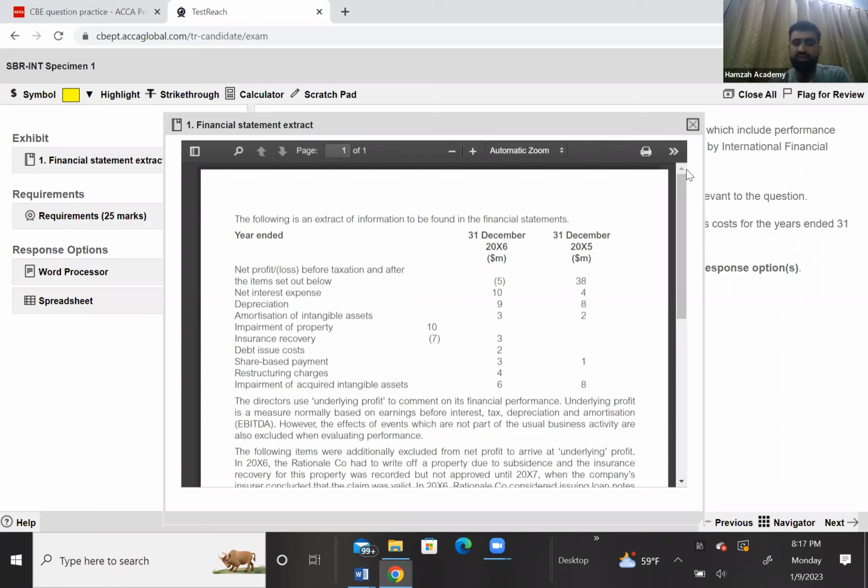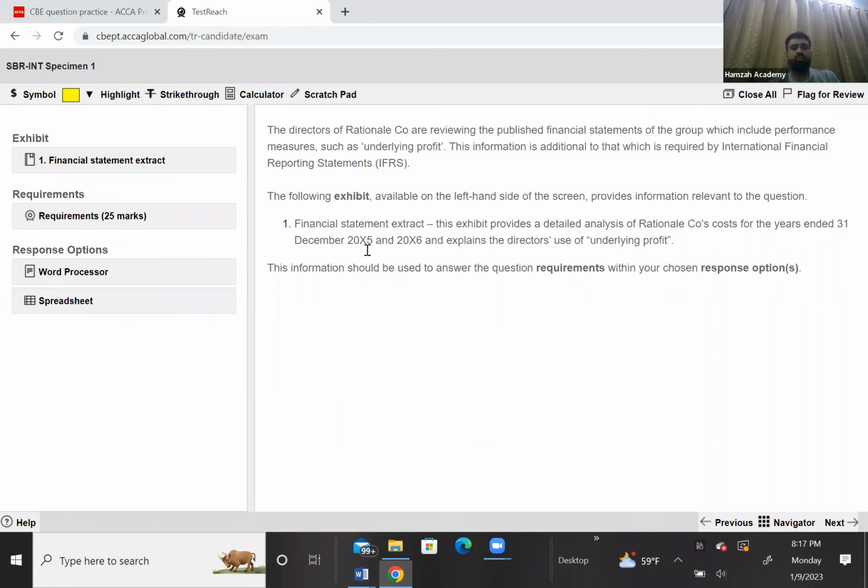The calculation part will be done on the spreadsheet, and the discussion part will be done using the word processor. Got it? So that will be your question.